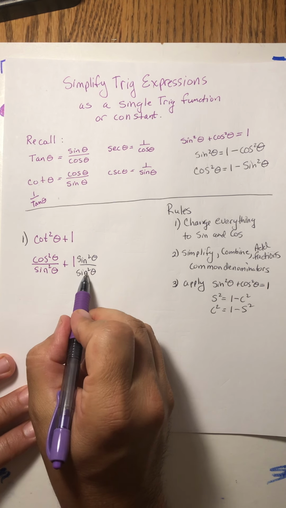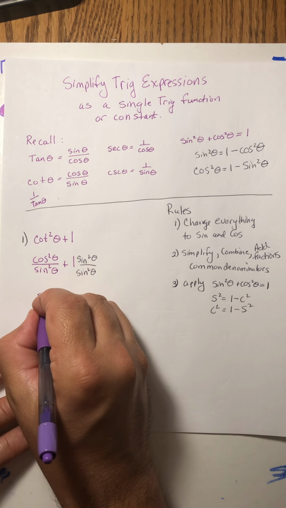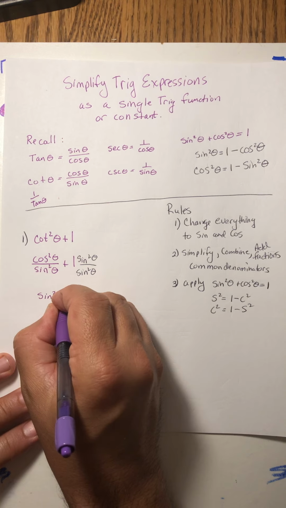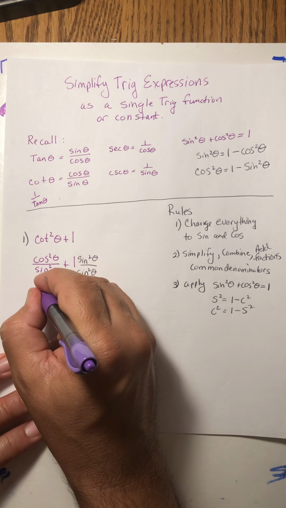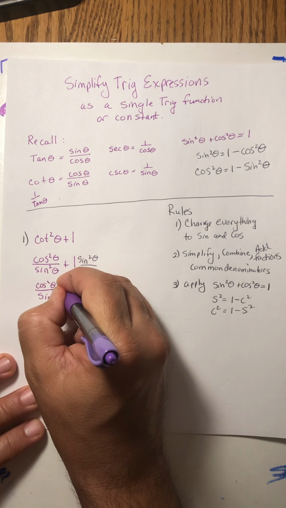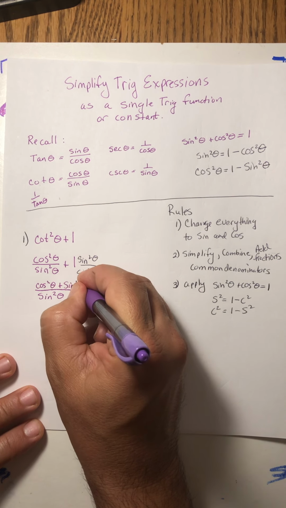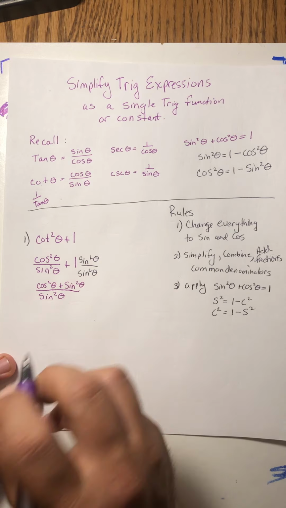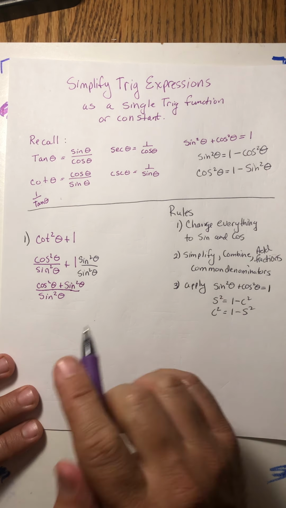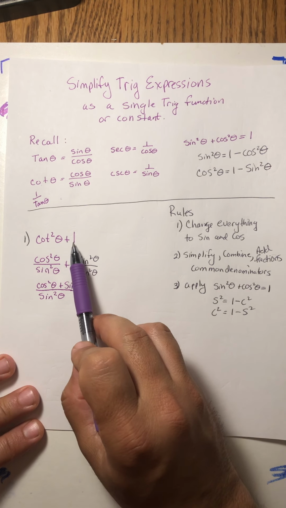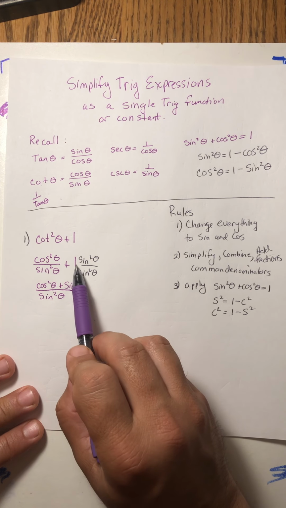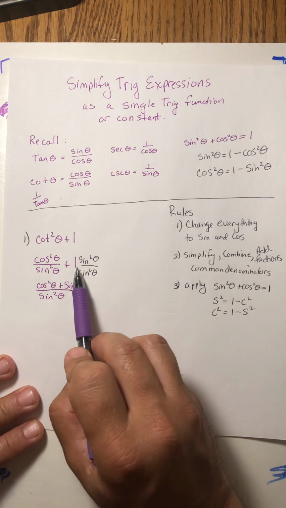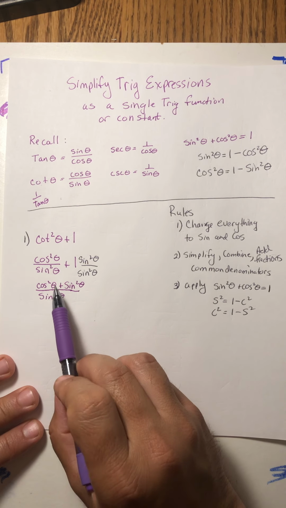So now my one denominator, and then my numerator is cosine squared of theta plus sine squared of theta. Now we're at this fraction that we can't cancel. So now we're on rule number 3.